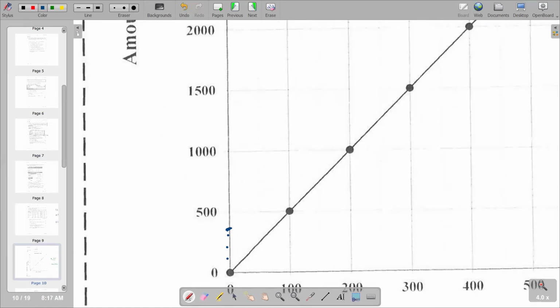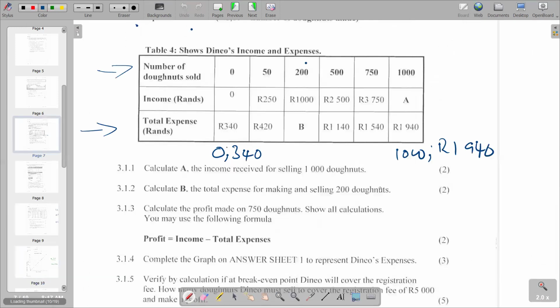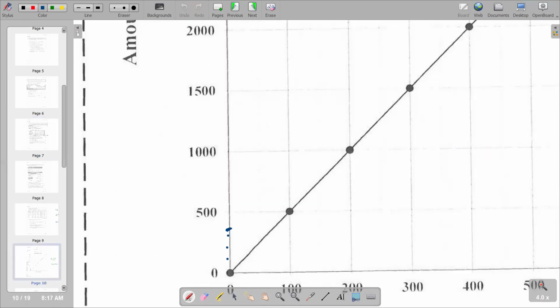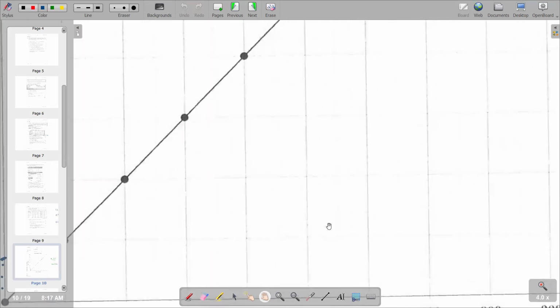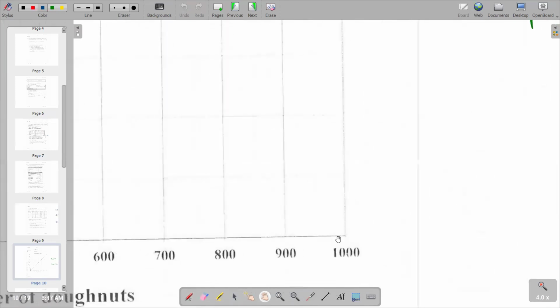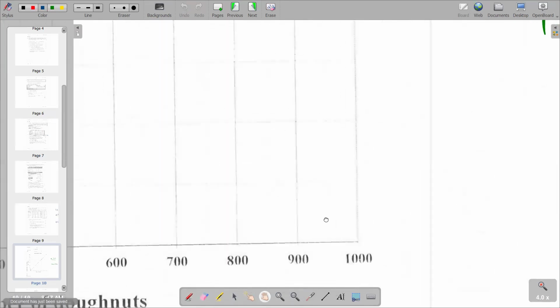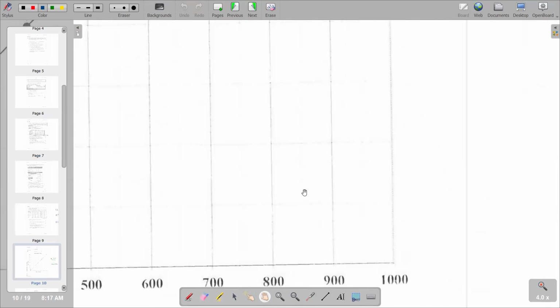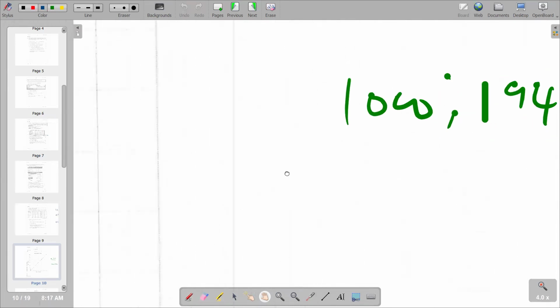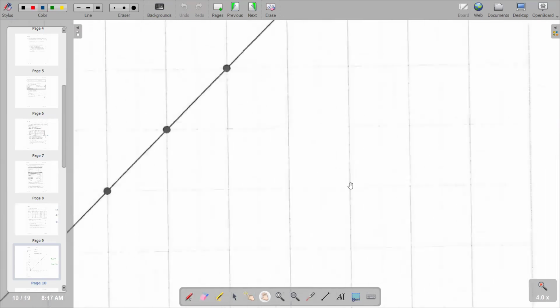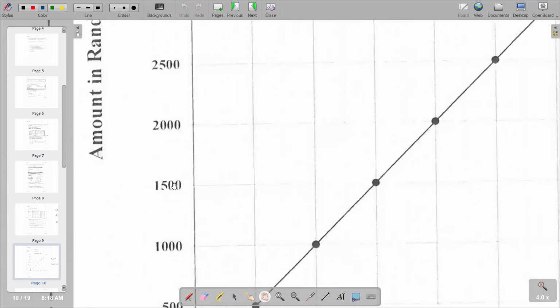So checking on 1000, and then we have 1940. We again refer to where we have got our 1000 donors, which is going to be here, and we cross-check 1940, whereby if you go to your vertical axis, we've got 1500, which means 1940 is almost at our 2000.